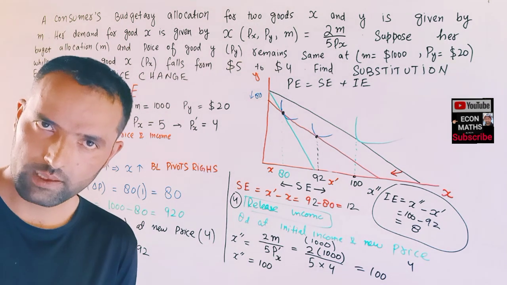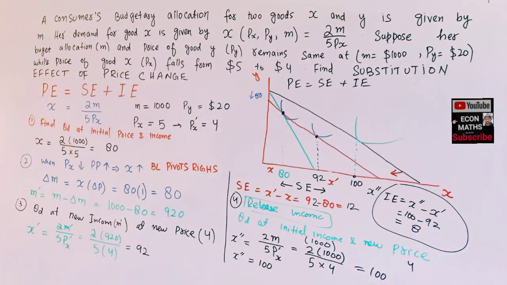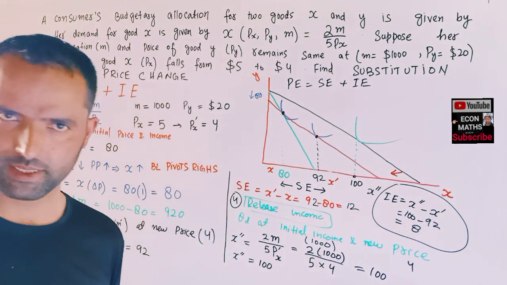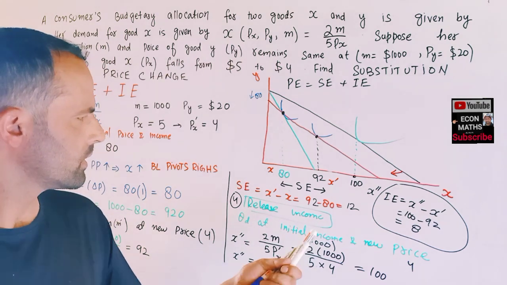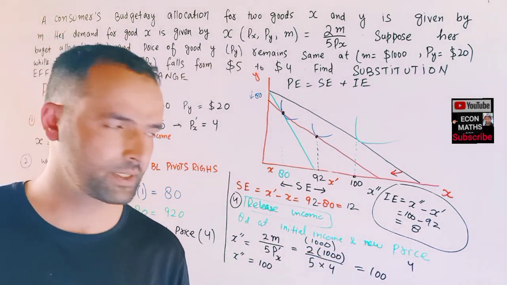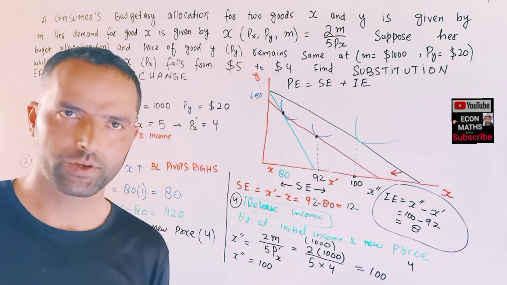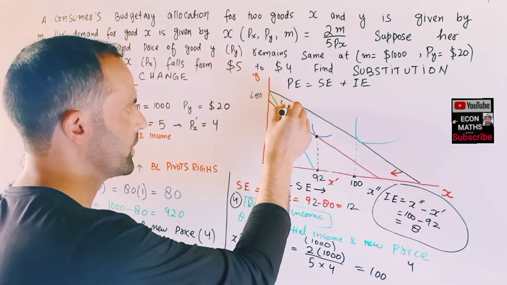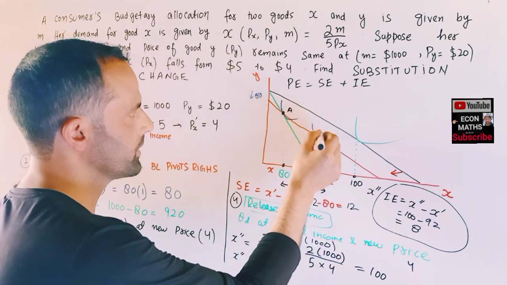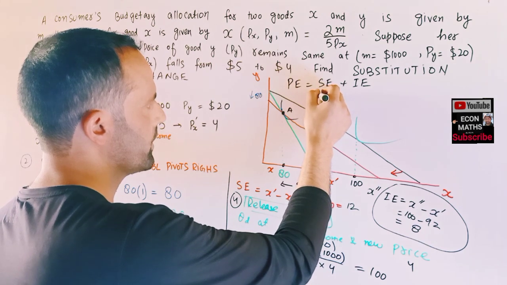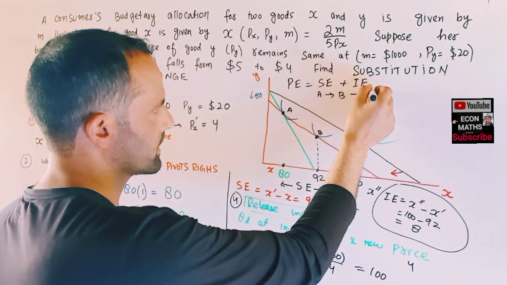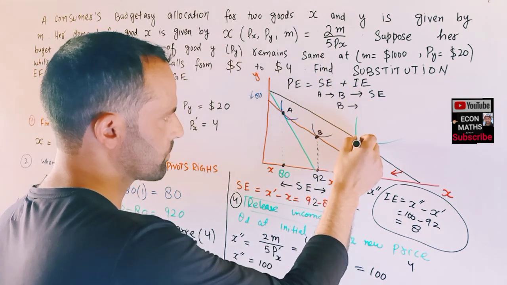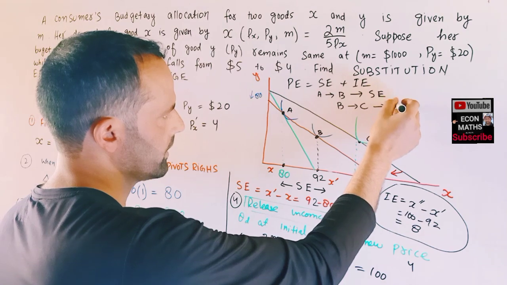Because of the fall in the price of good X, quantity demanded by the consumer because of the substitution effect is 12 units, and because of the income effect it is 8 units. The movement from point A to point B is because of the substitution effect, and the movement from point B to point C is because of the income effect.